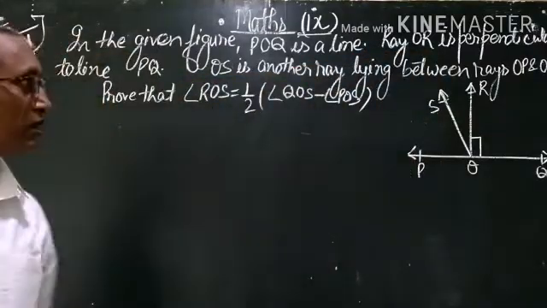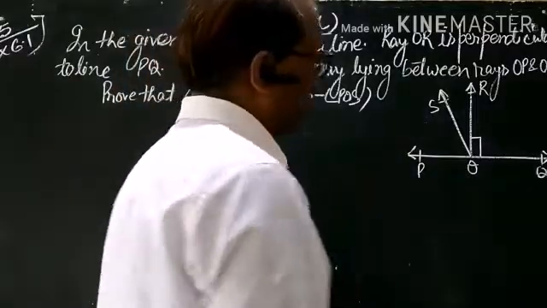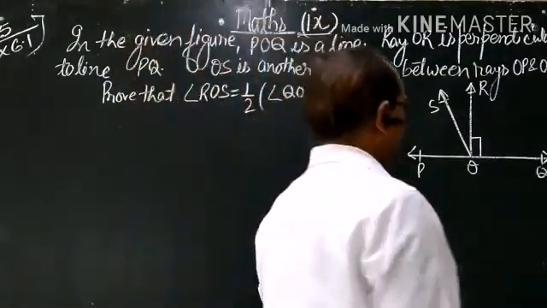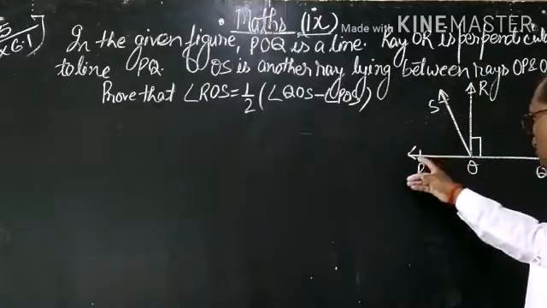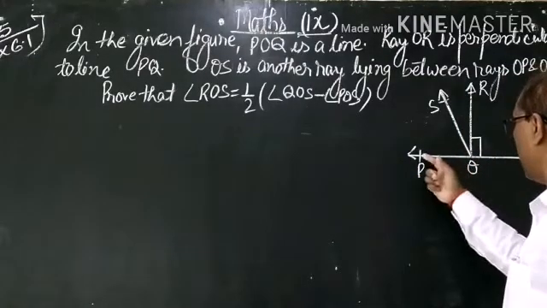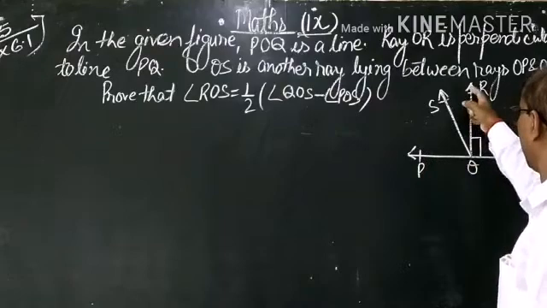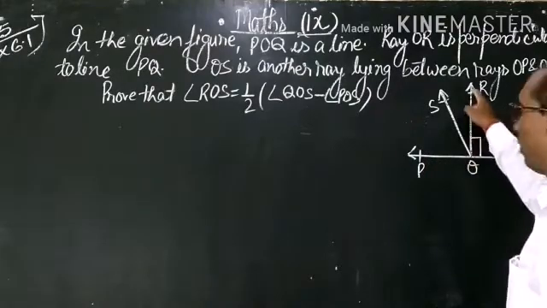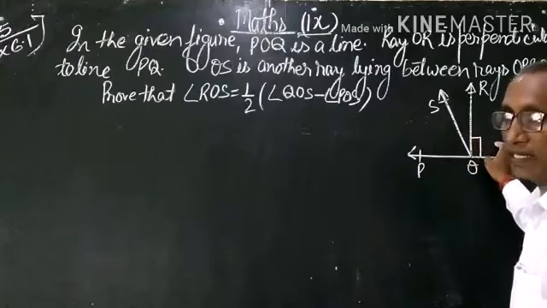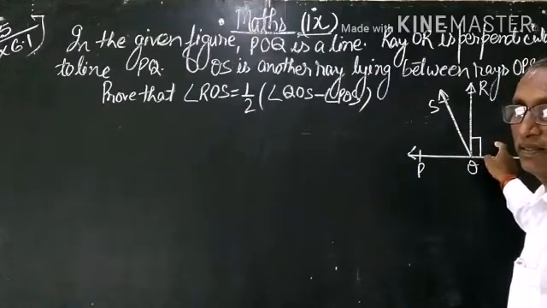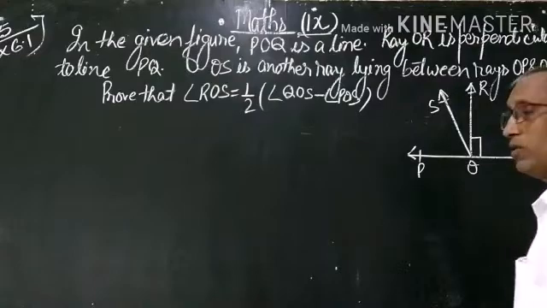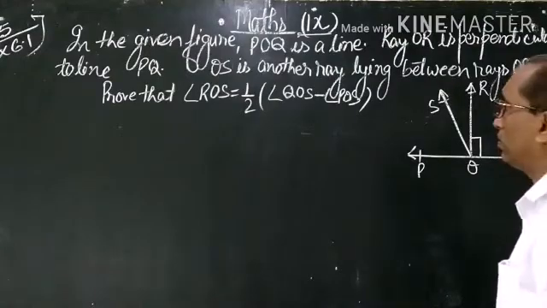Then first you observe the figure. In the given figure, OR is perpendicular to PQ. Therefore, angle POR is equal to angle QOR. Both are 90 degree because OR is perpendicular to POQ.